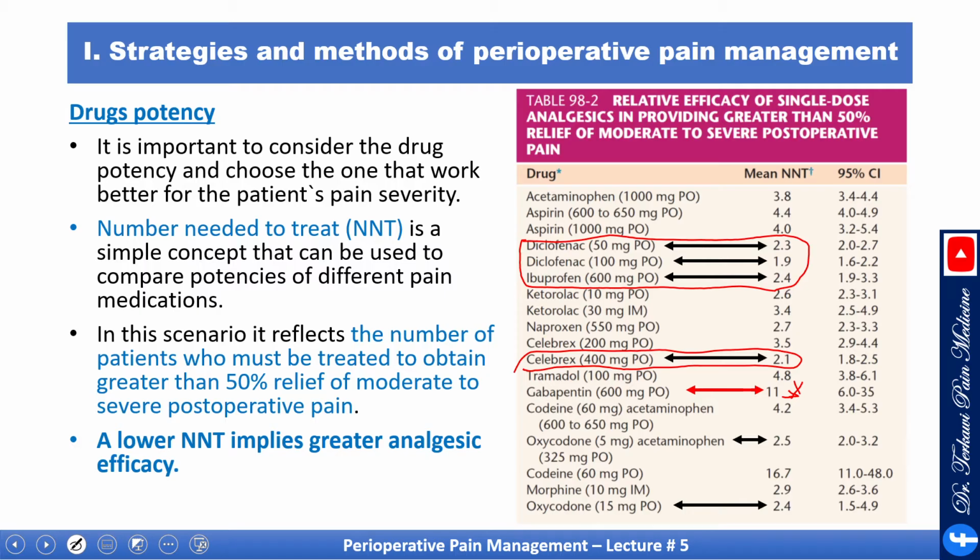Now look at oxycodone, right? It's very comparable to Celebrex, very comparable to ibuprofen 600 milligram. So keep that in mind when you decide to choose. So Tylenol, for example, is 3.8, right?